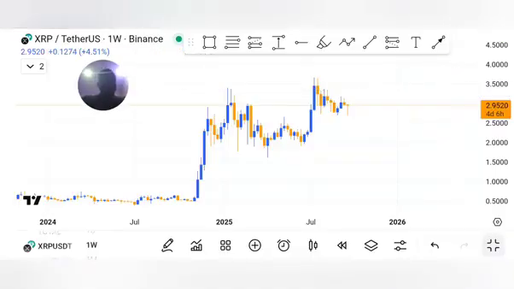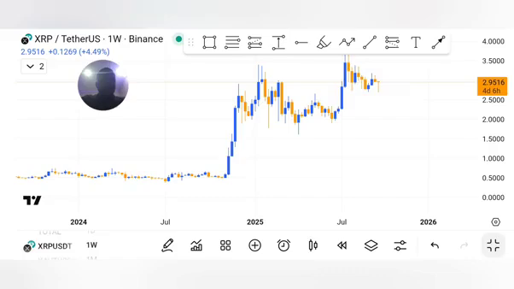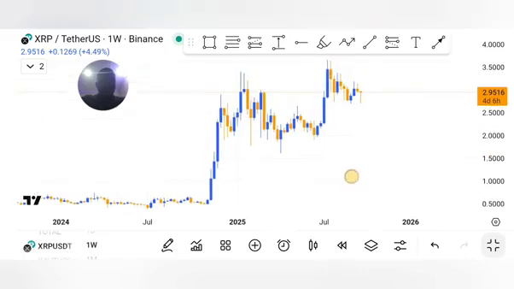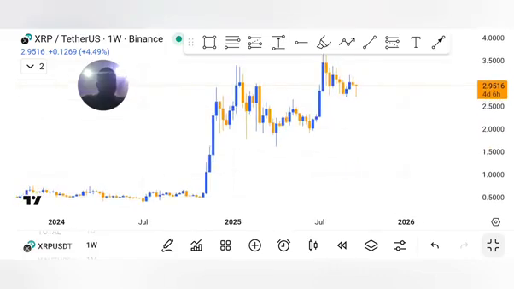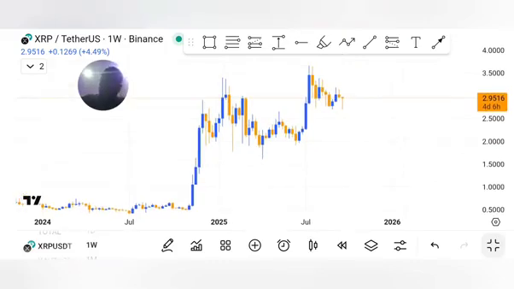All right, so this is the weekly chart of the XRP USDT. As we can see, the coin has been on a steady rise. We're in an uptrend on the weekly, with the coin creating a higher high and a higher low.